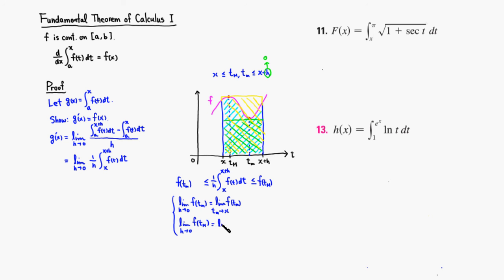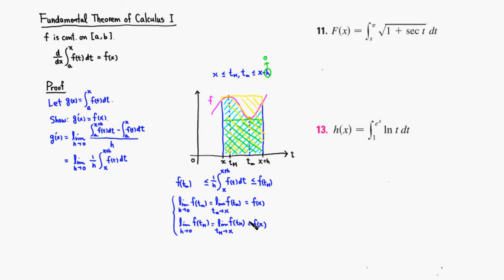If you take the limit of f of t sub uppercase m, as h approaches 0, t sub uppercase m is going to approach x as well. Remember that the function f is continuous. Limit and actual function value are going to be the same. So this is going to go to f of x, and same thing here.